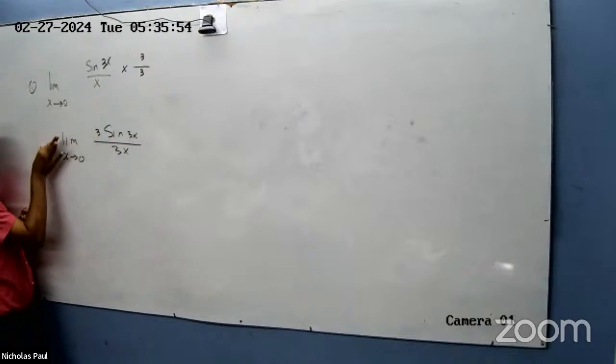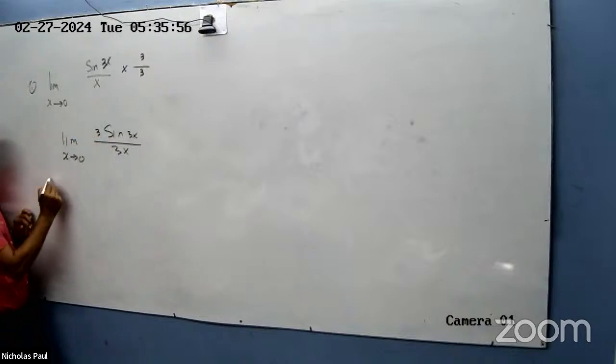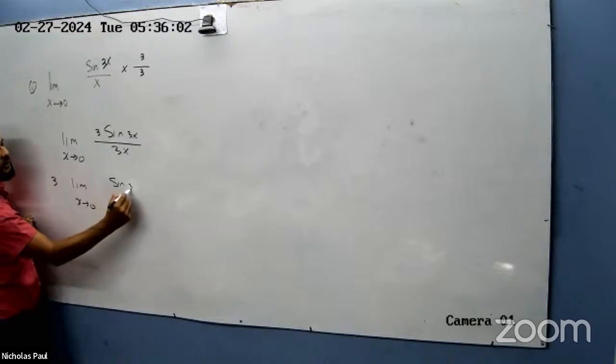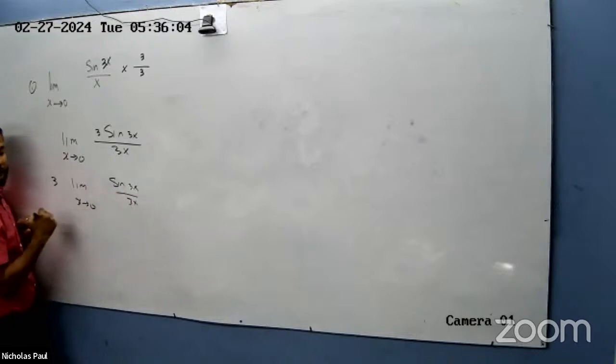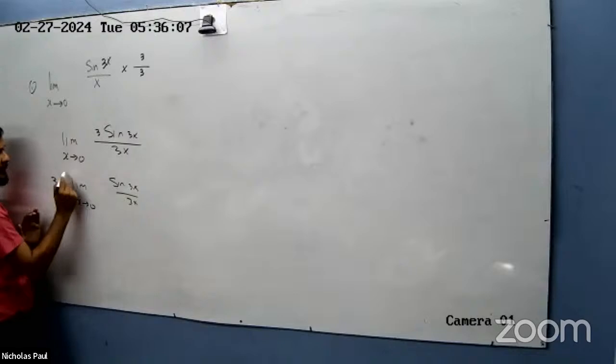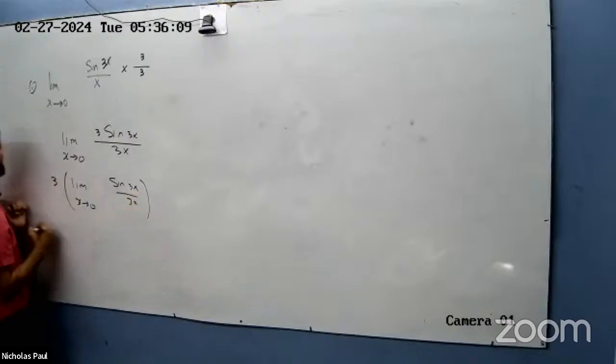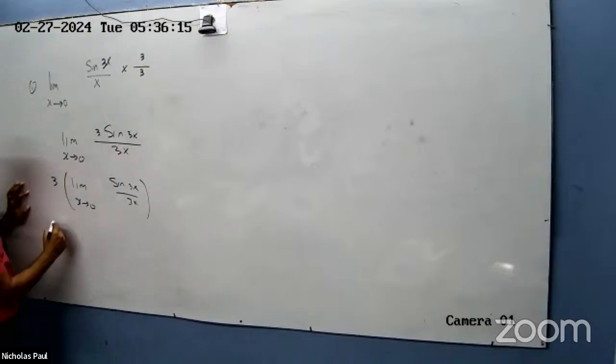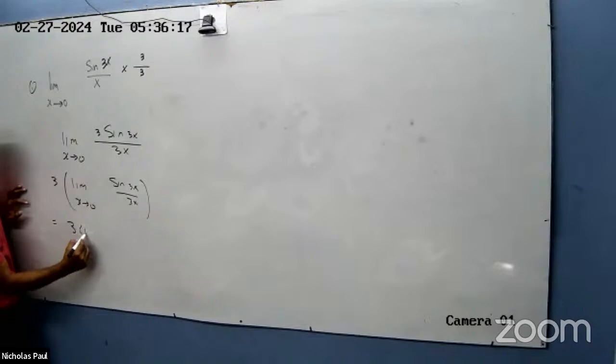I'm going to take this 3 and bring it out here. So I'll end up with 3 by the limit as x approaches 0 of sine 3x over 3x. This whole thing is how much? This will be 1.